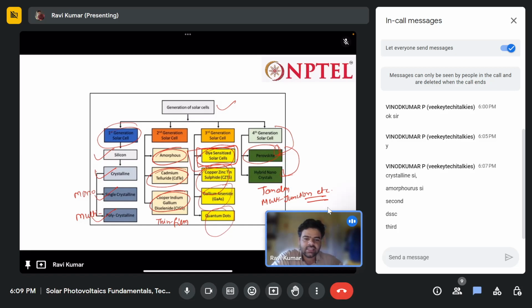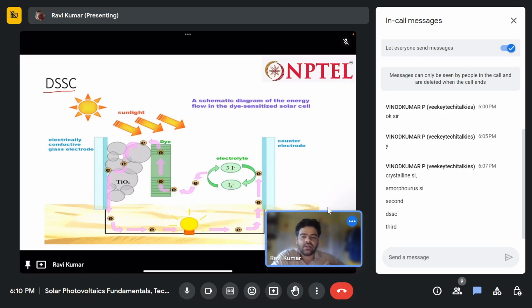So what is this dye sensitized solar cell? First we need to understand it, then we need to look into the working of this solar cell. This represents our dye sensitized solar cell. There are a few components which you need to understand. We have the electrodes, one electrode and second electrode. These are nothing else, just glass having a conductive material layer on one side.